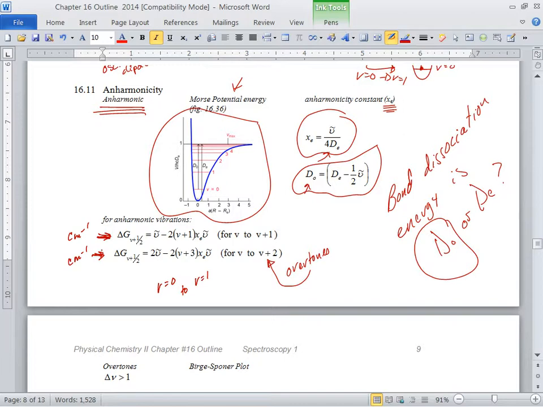Now the question is, which V do you use? Do you use V equals 0? Or do you use V equals 1 if you want to get these answers? Is V equals 0? Oh, V equals 1. Then it's V plus 1. So in that expression, you should use which one?